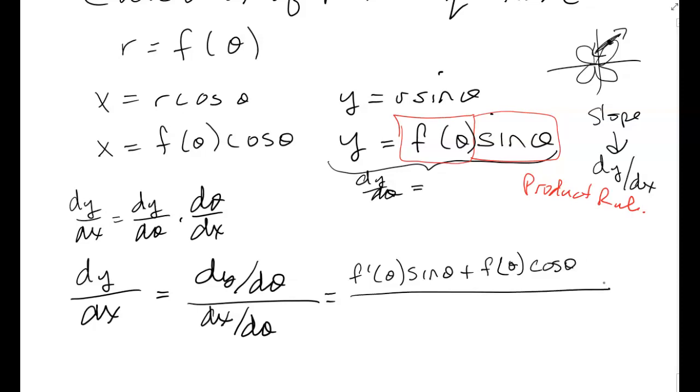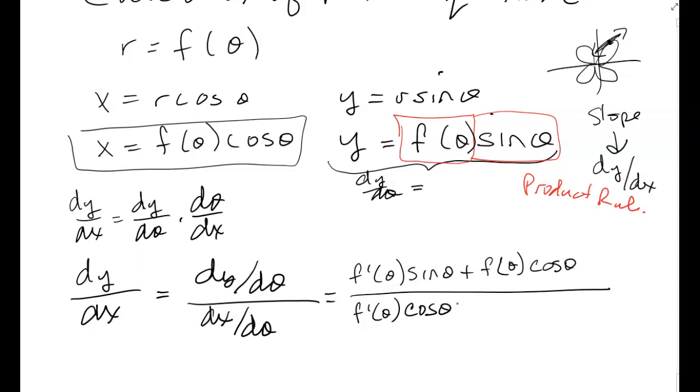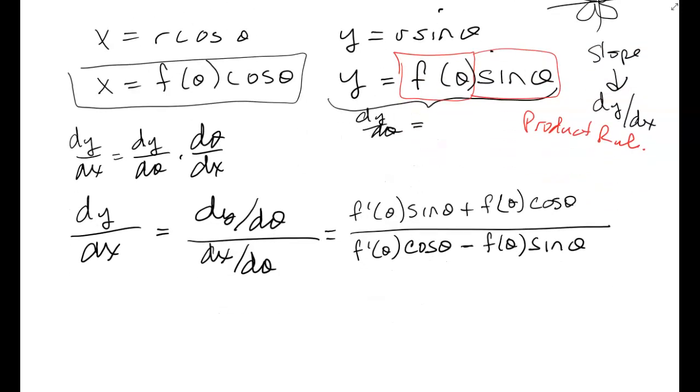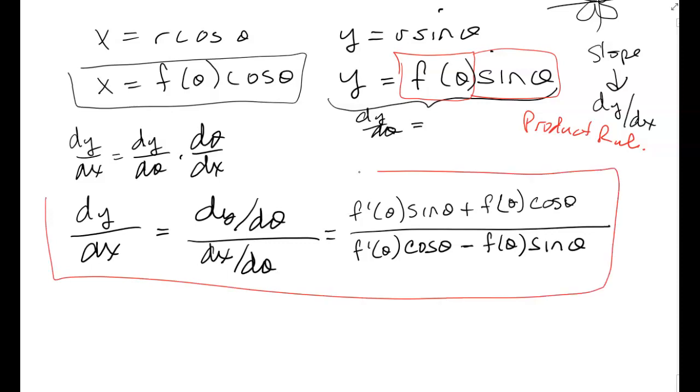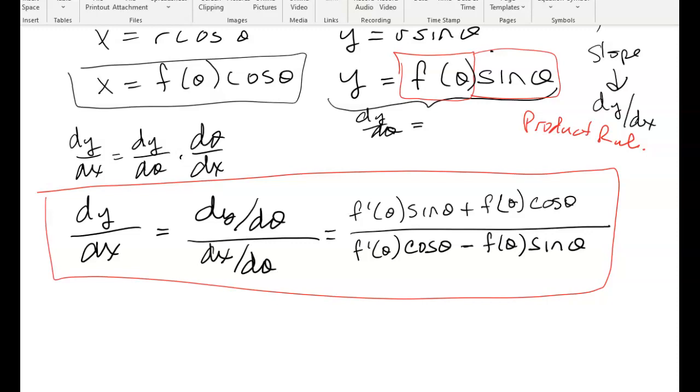Okay? Now, do the same thing over here with the x one. Derivative of the first. Here's where you got to be careful, because in that second piece, when you take the derivative of cosine, you actually get negative sign. So we're going to pull the negative out here. And this formula is how you get the derivative of a polar coordinate.